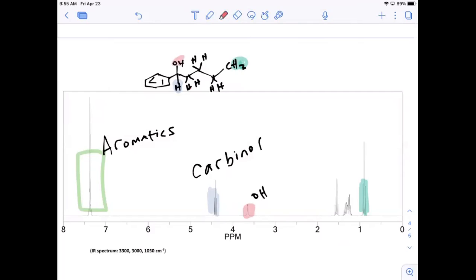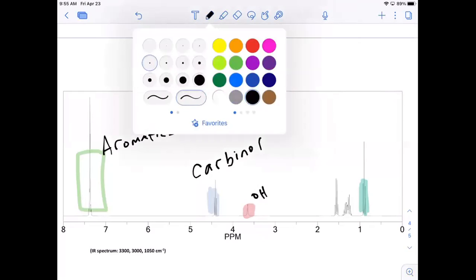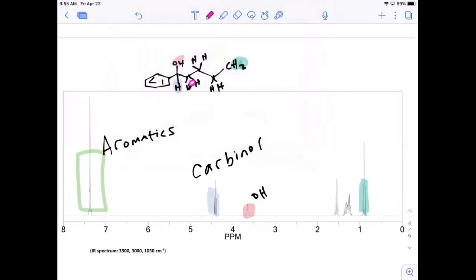All right. What about here? Let's do these protons right here. Will those be a quartet? It's a quartet. That's exactly right.